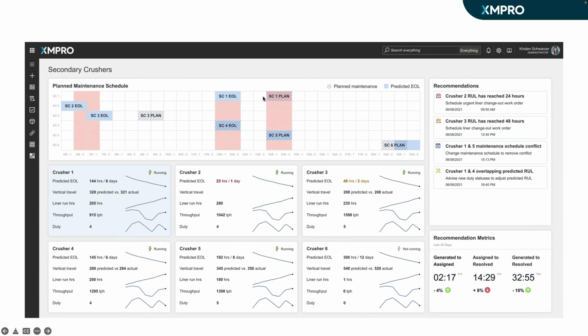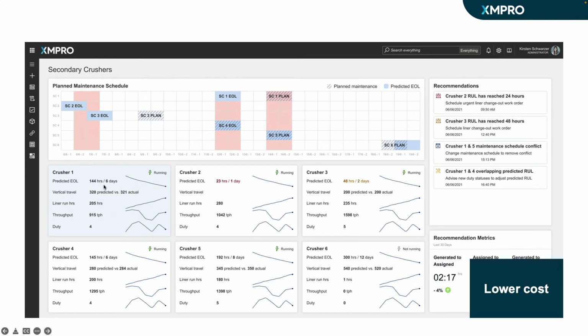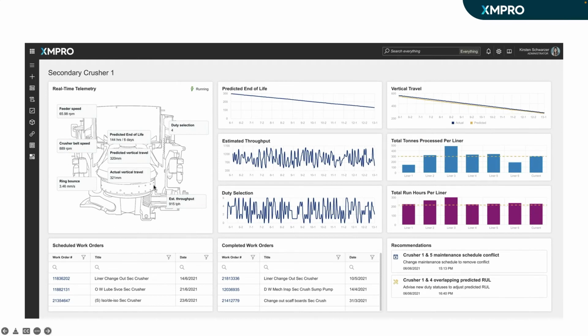Some of them are overlapping, some of them are doing other things. And for each crusher, you can then see what is remaining, the predicted end of life, 6 days. So if I go into that crusher, and this is all driving lower cost as a value lever. Getting into that crusher, here's the actual crusher. I can see how it's running. I can see all the work orders and everything associated.